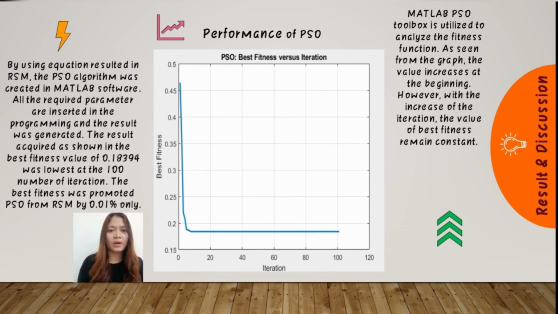The result acquired, as shown, is a best fitness value of 0.18394, which was lowest at the 100th iteration. As seen from the graph, the value increases at the beginning. However, with the increase of the iterations, the value of best fitness remains constant.